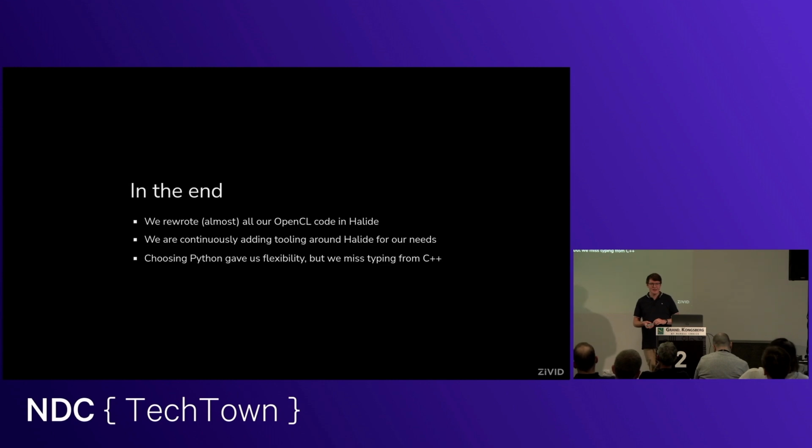But even though we're very happy about choosing Python and using Python with Halide, we have to admit that we are missing the static type checking that you would get if you use the C++ version. So we have had our occasions of putting what we thought was a 32-bit integer into a function, but it turned out to be 8-bit and it was doing all kinds of overflows and the images just looked like garbage and nobody understood why, where the C++ version would have told us this right away.